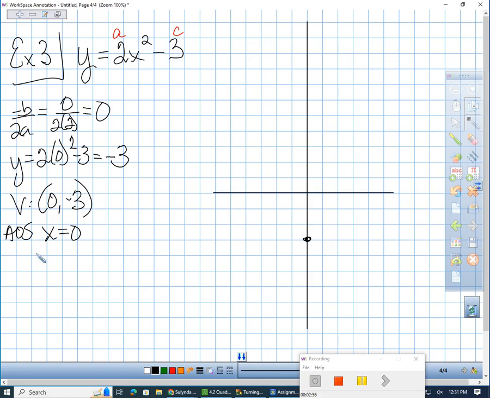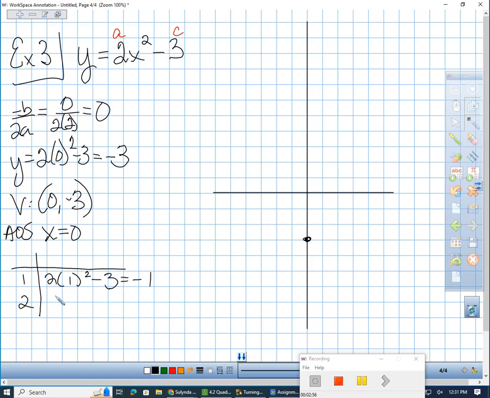Now I'm going to pick 2 points. So I either want 1 and 2 or I want negative 1 and negative 2. 1 and 2, absolutely. We're going to plug them into our equation. We have 2 times 1 squared minus 3. 1 squared is 1 times 2 is 2, minus 3, negative 1.